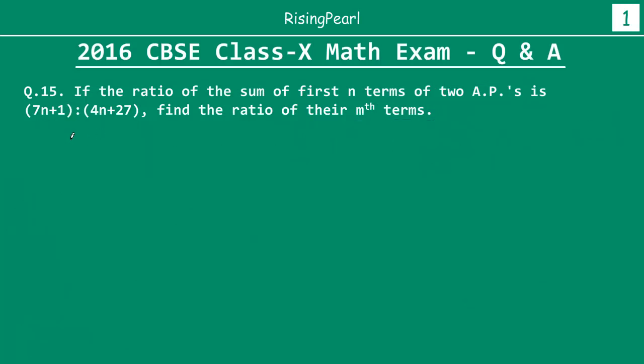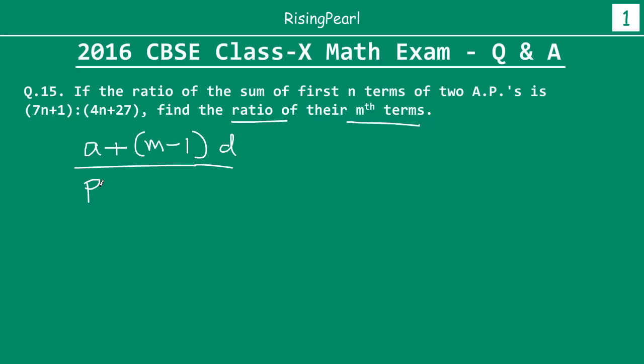The mth term for the first AP will be a plus m minus 1 times d. This will be divided by p plus m minus 1 times q, the mth term of the second AP, because we are finding the ratio. Now we are going to multiply the numerator and the denominator by 2, and you will see why.